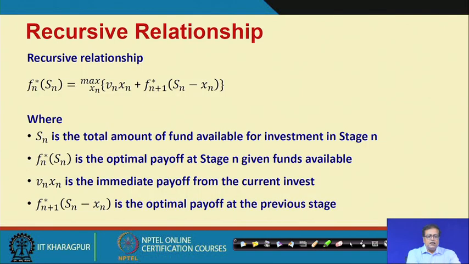In order to understand this, let us look at the recursive relationship once again. The payoff at a given stage is equal to the payoff at the previous stage plus the return which accumulates from this stage. So, this is the optimal payoff from the previous stage, this is the optimal payoff from this stage, and this is the contribution of this stage.